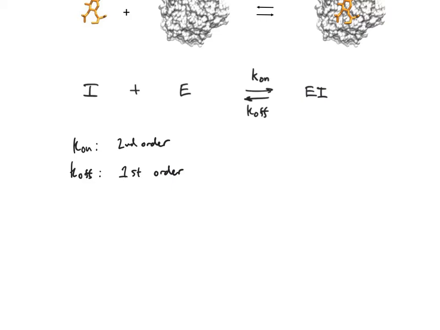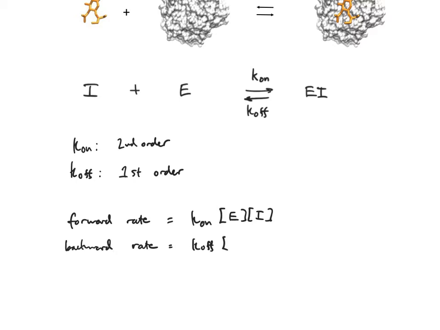And if we're going to talk about the forward rate of this reaction, then I'm going to write the following rate law. It's going to be K on times the concentration of E times the concentration of I, and the backward rate is equal to K off times the concentration of the complex, okay?